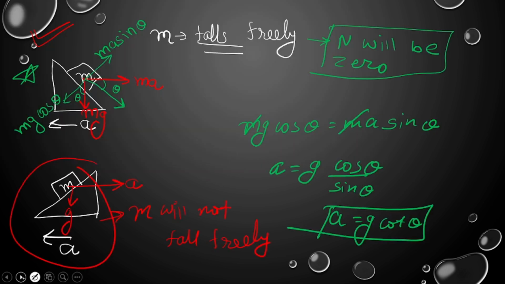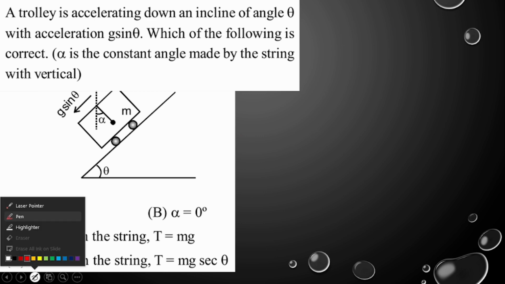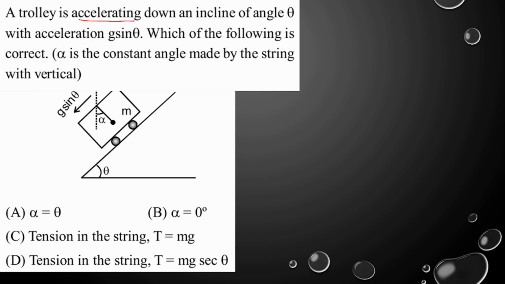The next, here we have a trolley accelerating down at an angle theta with acceleration g sin theta. Which of the following is correct? Alpha is the angle made by the pendulum. See, here the trolley is accelerating downwards with g sin theta, so consider the pseudo acceleration experienced by the bob.